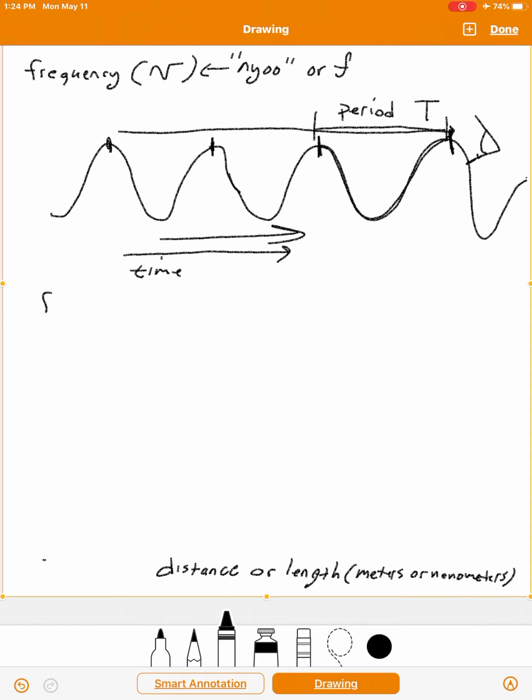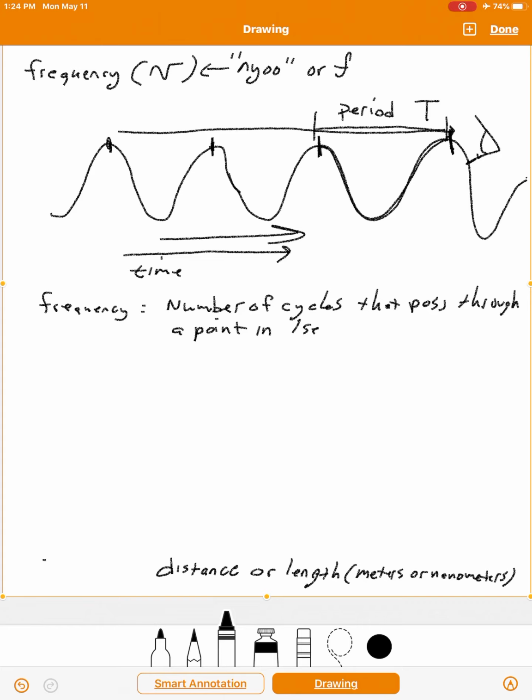We could think of something which is called the frequency, which is the number of cycles that pass through a point in a given amount of time, which we'll say is 1 second.